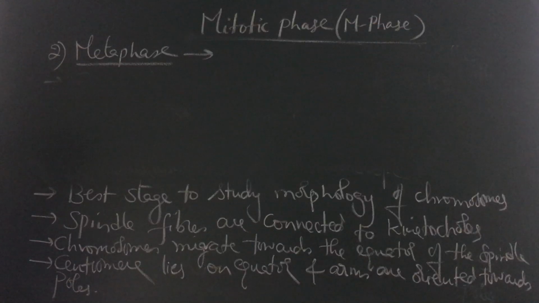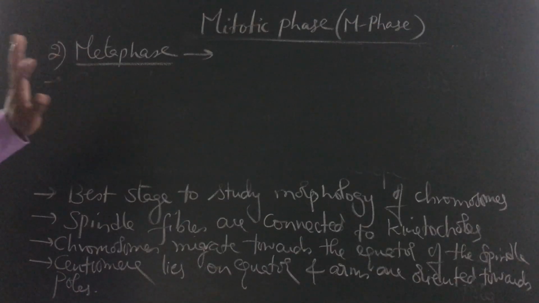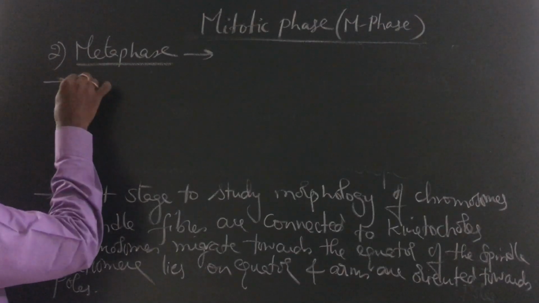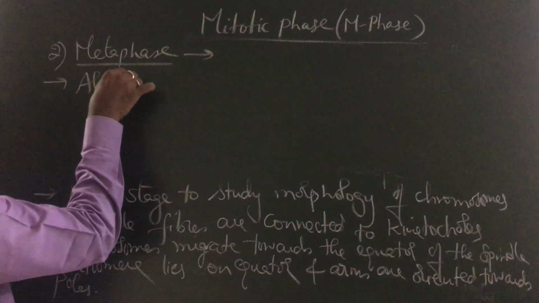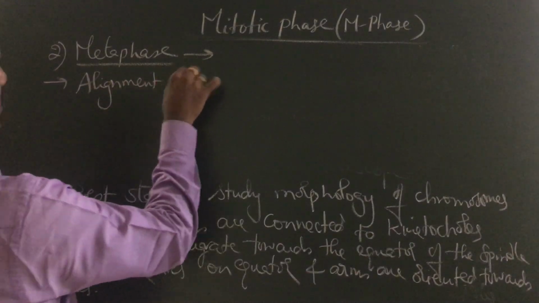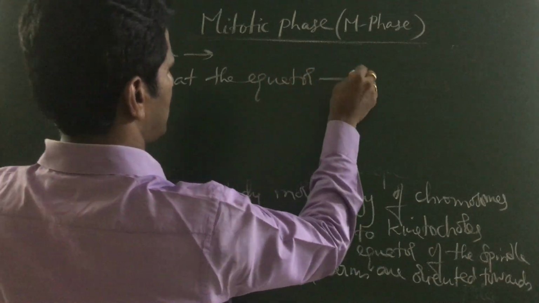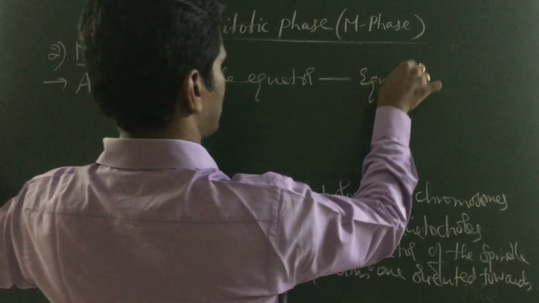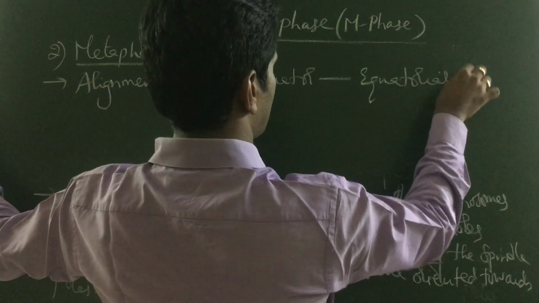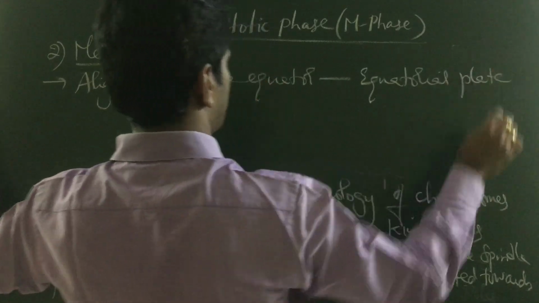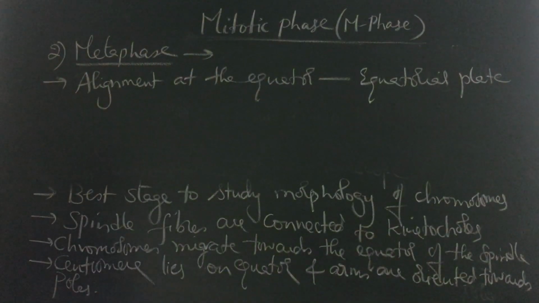The alignment at the equator is called the equatorial plate. The center, we call it the equatorial plate.